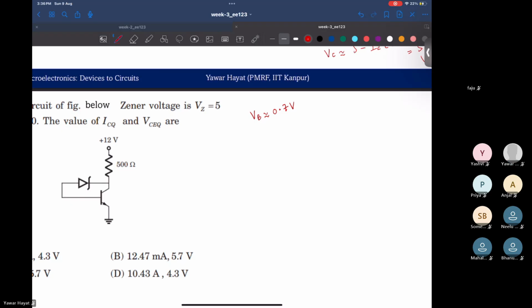Now, we will use the Zener voltage, right? Since Zener is connected between your collector and base, VC minus VB would be VZ, right? Yes, right?